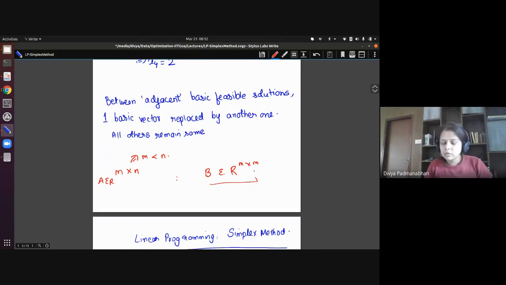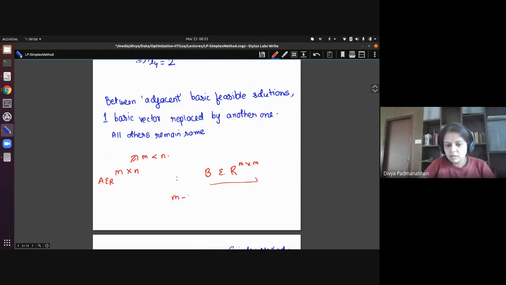And what we are saying here is that if you take two basic feasible solutions, there are going to be m minus 1 which will be common. So suppose I have x and x tilde, these are basic feasible solutions, and between these there'll be a corresponding basis.